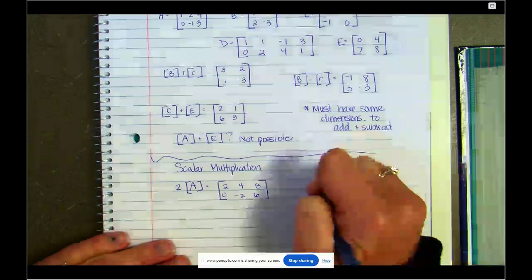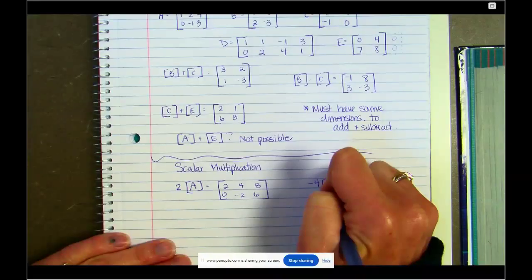Okay, you can have a negative scalar, so let's go negative for e.